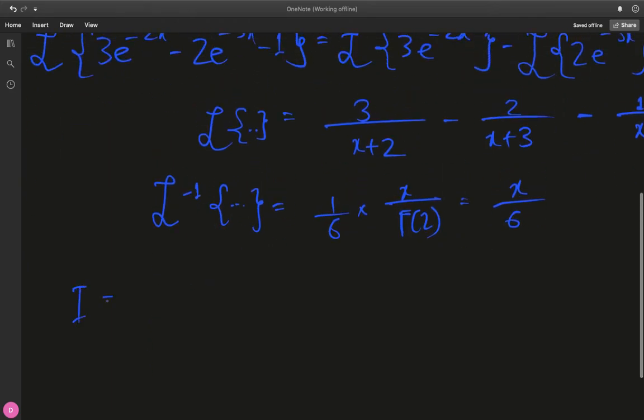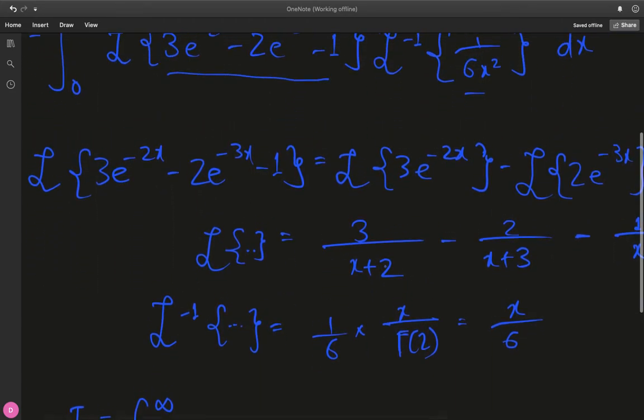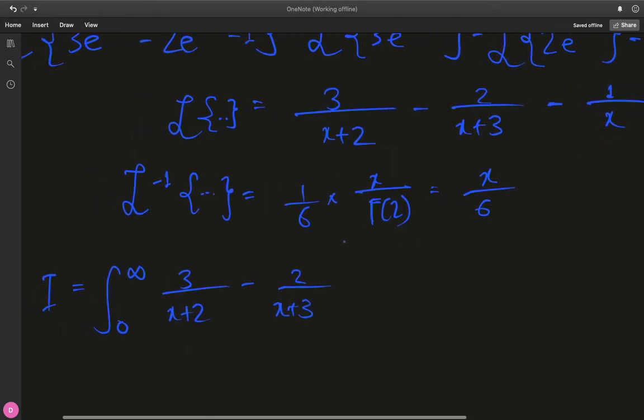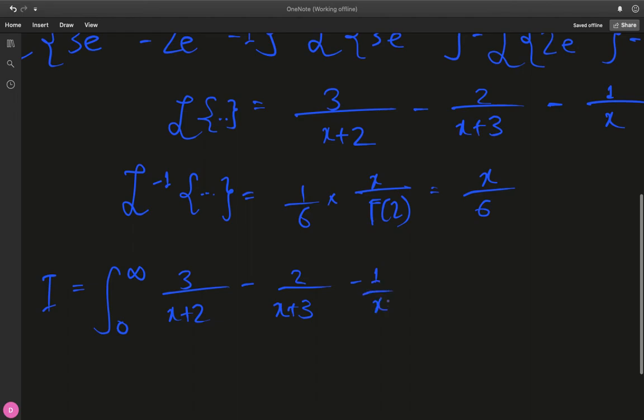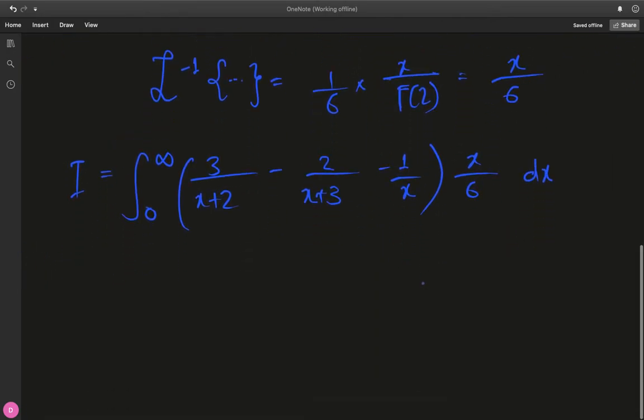Our original integral I just becomes the integral from 0 to infinity of, for the Laplace transform we have these things: 3 over x plus 2, minus 2 over x plus 3, minus 1 over x, times the inverse Laplace transform, which is basically x over 6. And don't forget the dx that we have here initially.